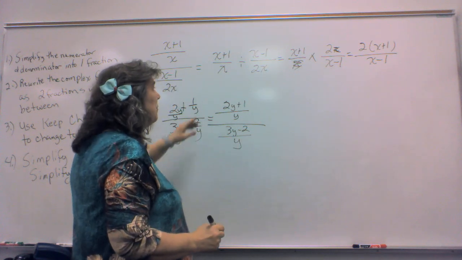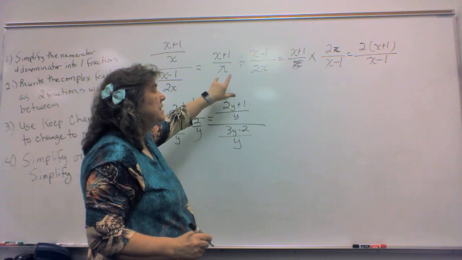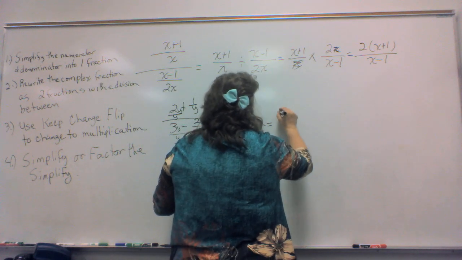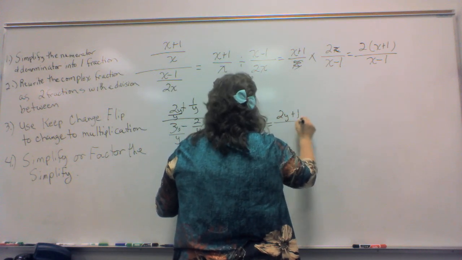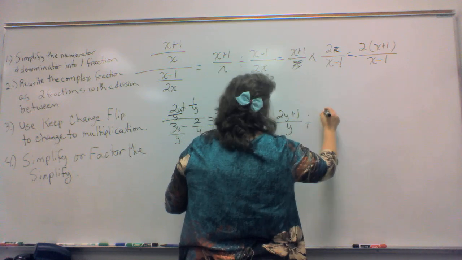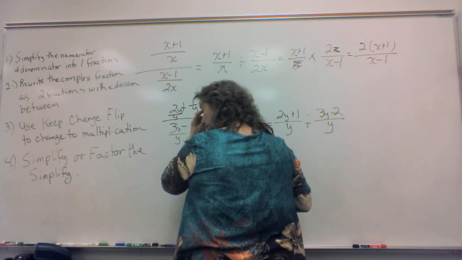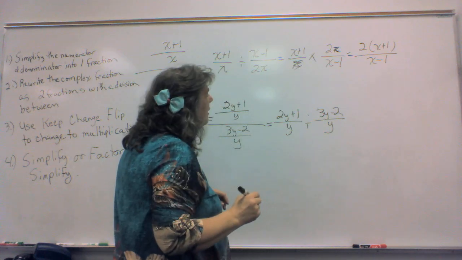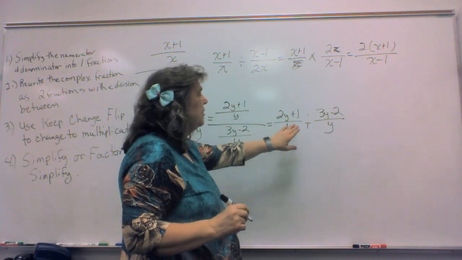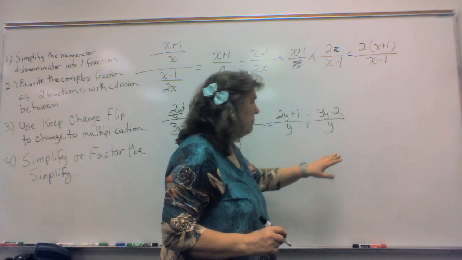Now, we're ready to rewrite this as a division. So this is 2y plus 1 over y divided by 3y minus 2 over y. Okay? Now, keep, change, and flip.